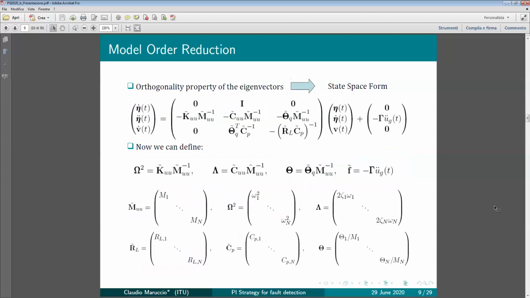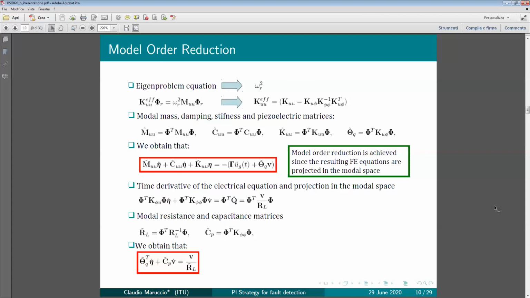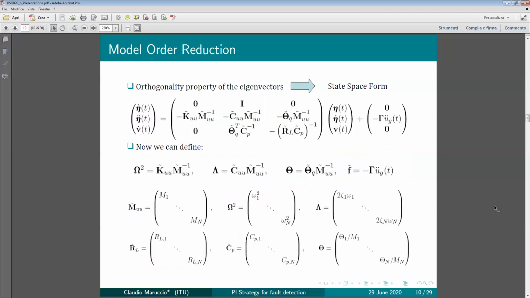Another step is to rewrite the ordinary differential equations obtained through the model order reduction in the state space form, where with eta we are indicating the mechanical dynamic unknowns of the problem, and with V we are indicating the voltage at the electrodes of the device.